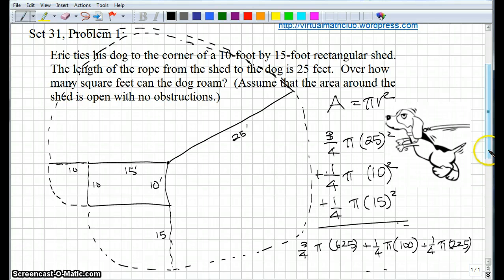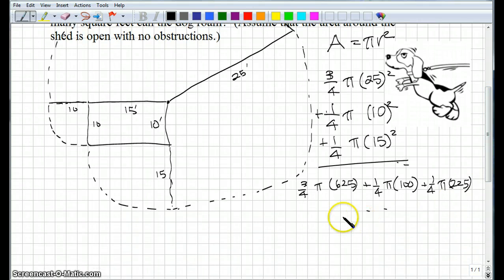Let me give myself some more room. I like being able to add these up with the quarters here. I'm going to leave the quarter in there, even though I know I could divide 100 by 4, but 225 and 625 are not evenly divisible by 4, so I'm just going to leave them in terms of quarters.